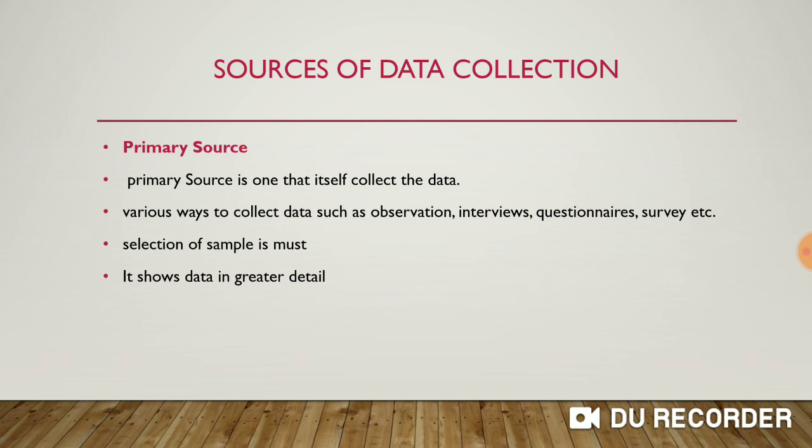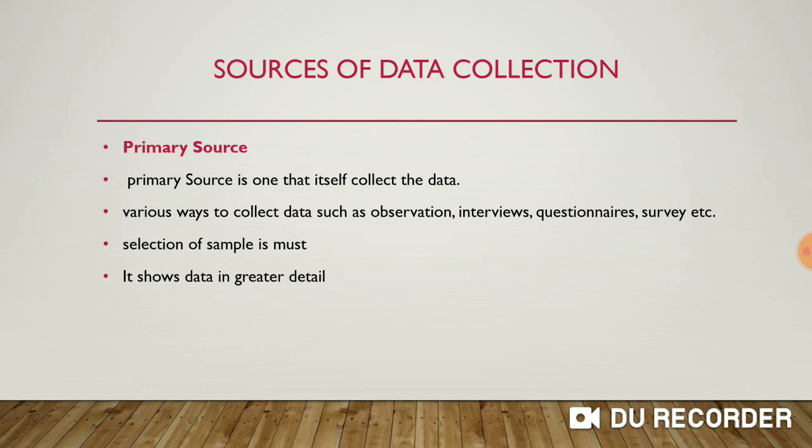Collection of data also depends upon the sample decided by the researcher. So selection of a sample is a must in data collection. Even in the entire research process, there must be a sampling design, which guides the researcher regarding collection of data or selecting sources of data collection.